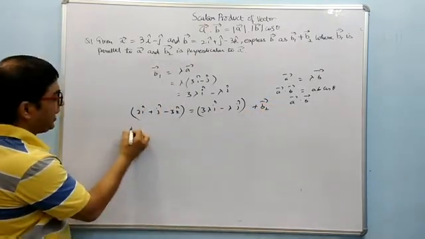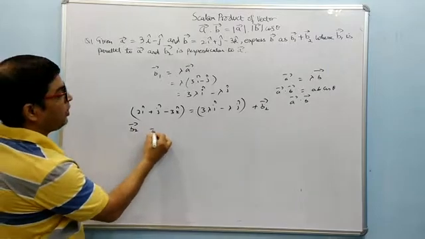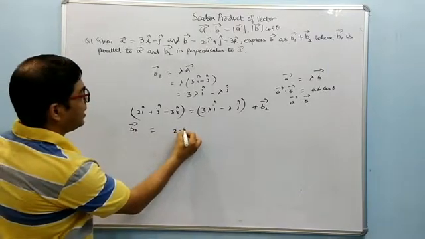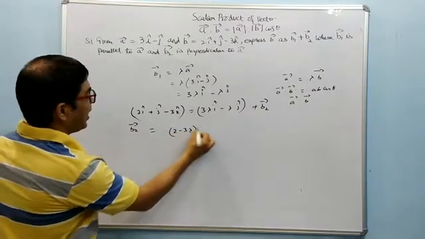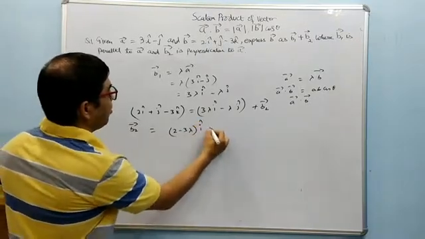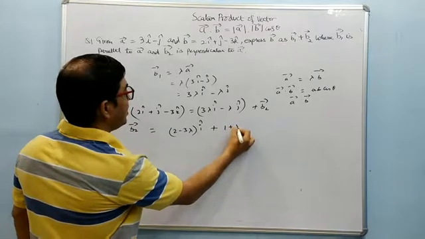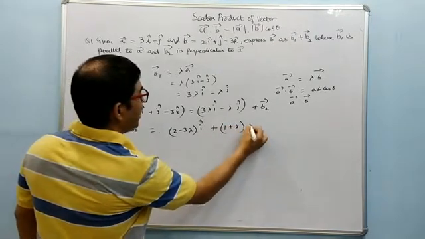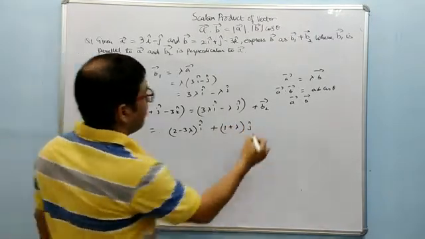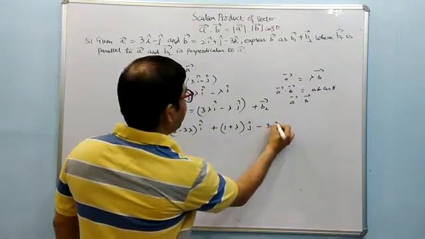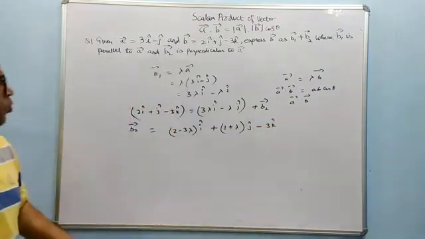So B2 we can easily get. Vector B2 is (2 minus 3 lambda) i cap plus (1 plus lambda) j cap minus 3 k cap. So we got B2.